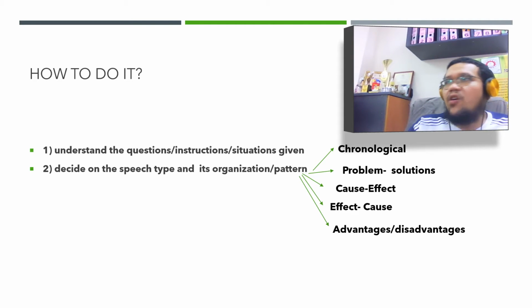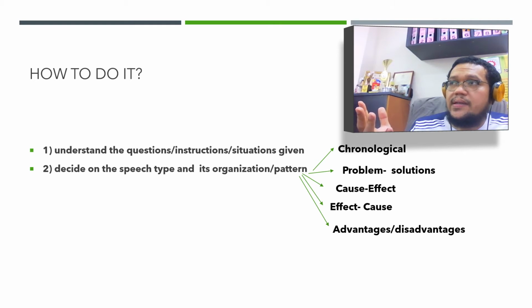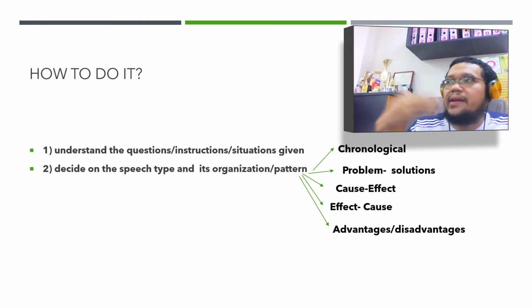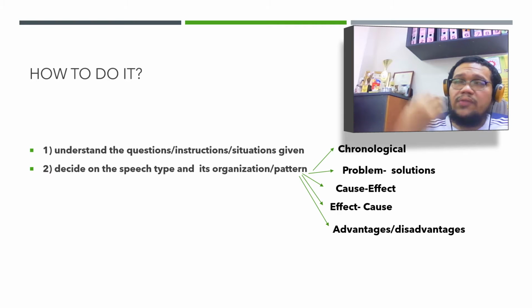The economy will be affected. Maybe the education, because when COVID-19 is not controlled, we have to close the school, so the students need to do online classes and so on. So that is the effect, and the factor is COVID-19.